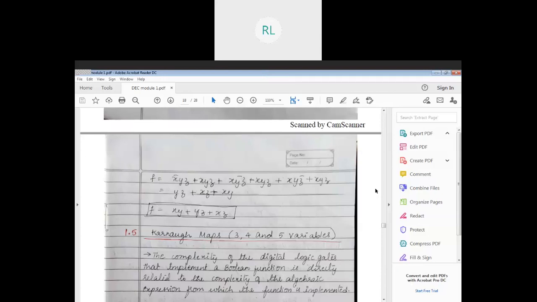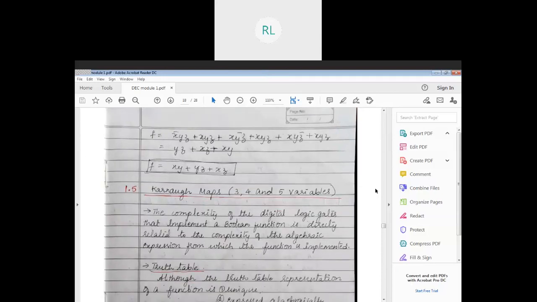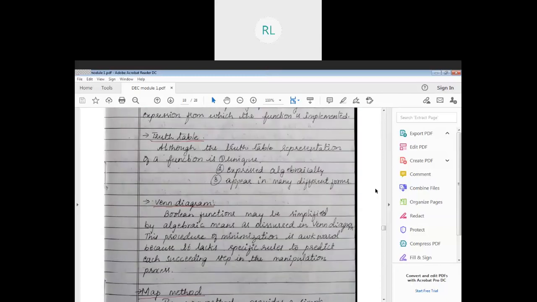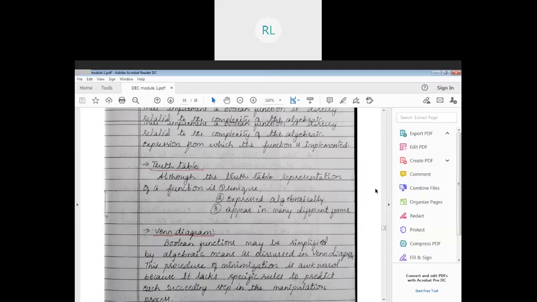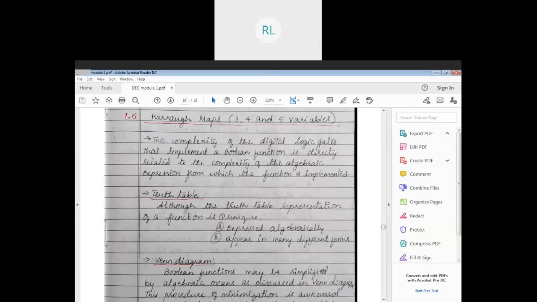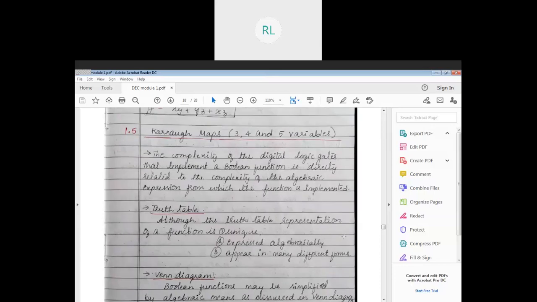Then okay. Now I think it's fine, right? You can see K-maps. Is it? Yes, sir.